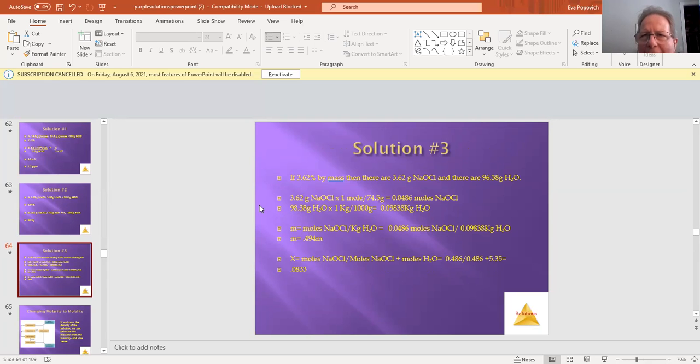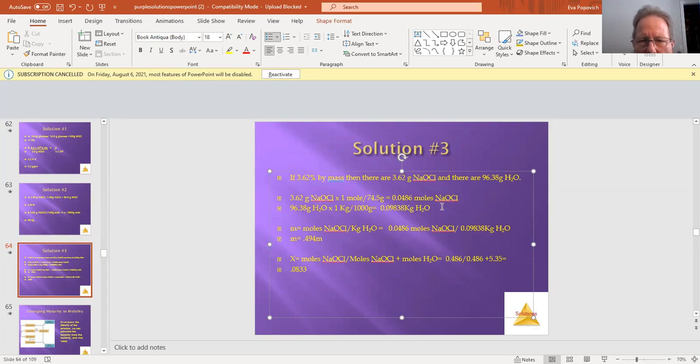Now I want molality, which is moles of my solute, sodium hypochlorite, divided by kilograms of solvent. So for this, there's an error here I can see already.